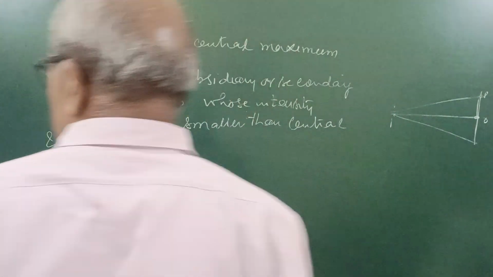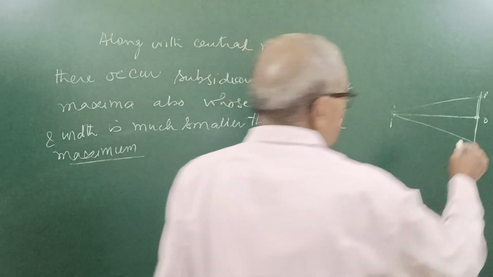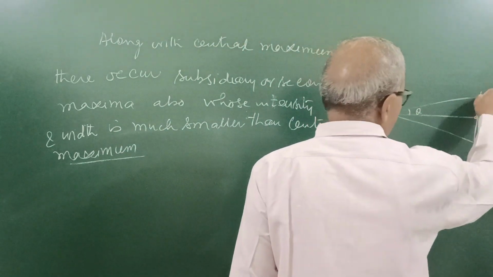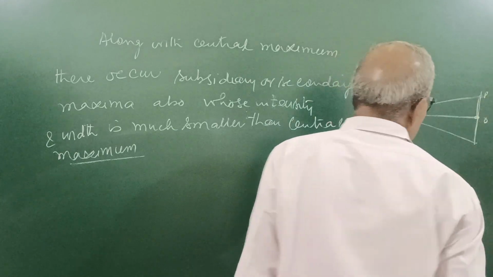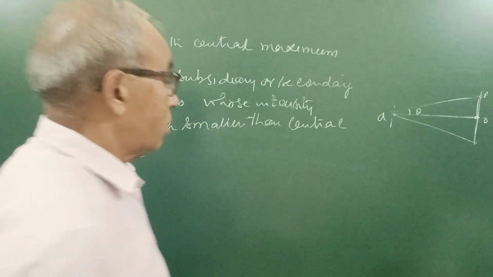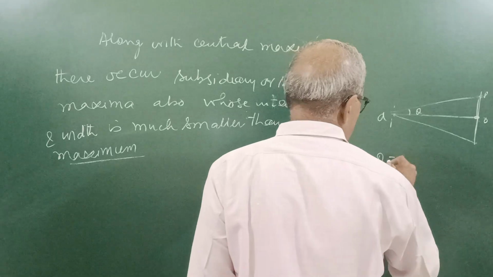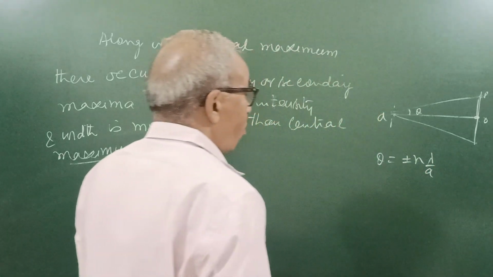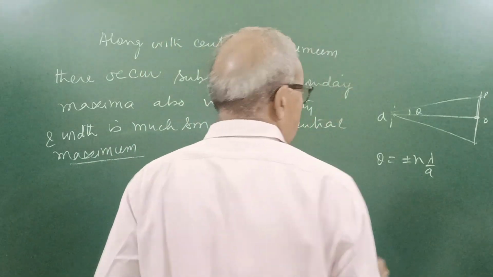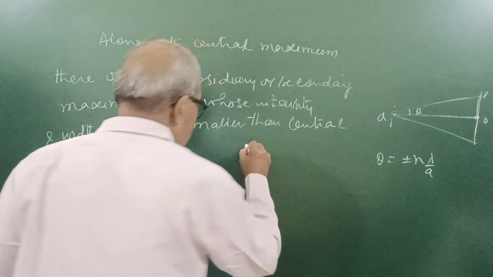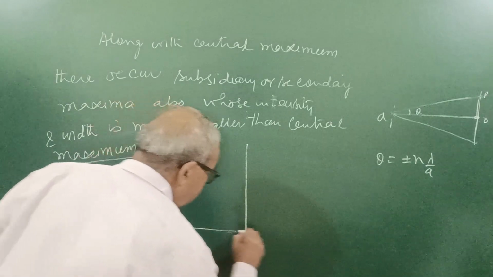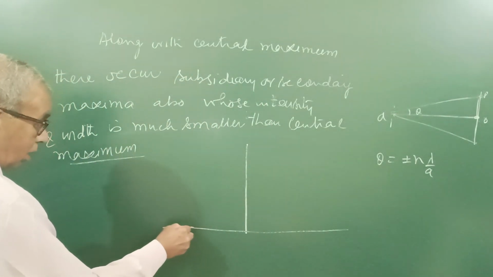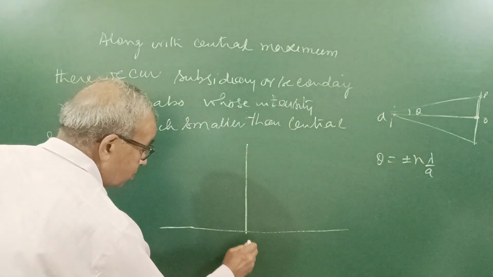Now, if we plot the graph of the angle theta, lambda by a, angular position, we get minimum at the condition theta equal to plus minus n lambda by a. We get maximum also if I plot the graph between intensity of secondary maxima along with the central maximum.